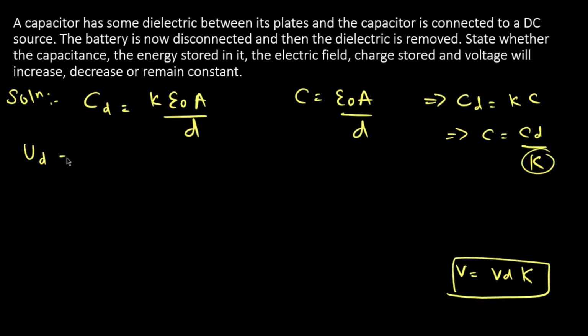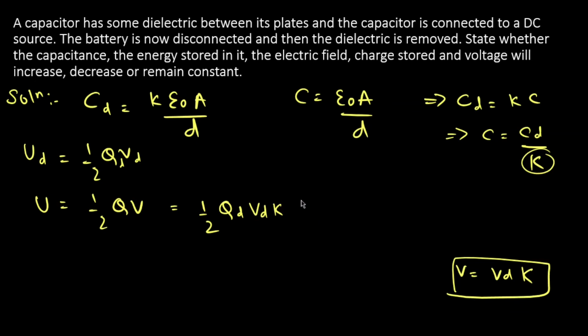That is, UD can be written as half QD VD, and the energy stored when the dielectric is removed can be given by U equal to half QV, which can be written as half QD, since the charges were the same, and V is VD times K. So this is equal to K times half QD VD, which implies U is K times UD, since half QD VD is the energy stored in the capacitor when the dielectric was there between the plates.